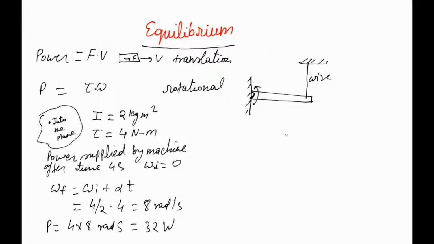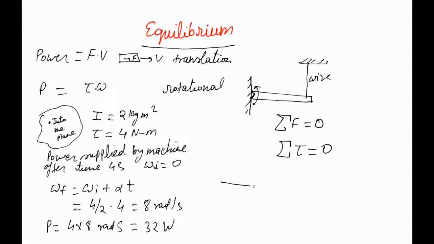What can you tell about this system, which tells that it is in equilibrium, which means it's neither going up nor going down, it's not really moving at all? Well, you can tell that the sum of all the forces is 0 on this system. Also, the sum of all the torques is 0. Both the conditions should be met.